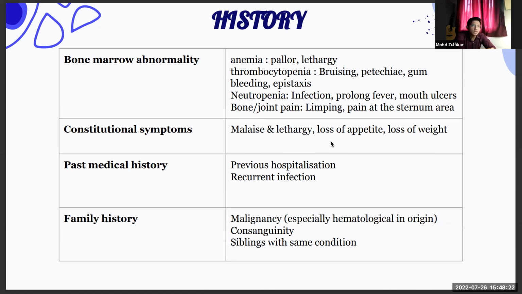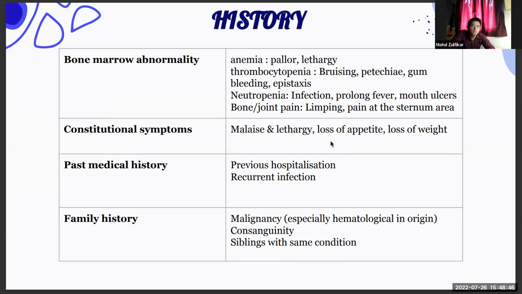Other than that, we should also ask the patient regarding constitutional symptoms, because this is a case of cancer. The patient might present with malaise and lethargy, loss of appetite, and also loss of weight. Regarding the past medical history, we need to ask about previous hospitalization and recurrent infection.